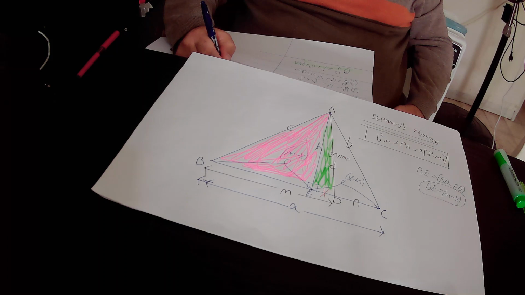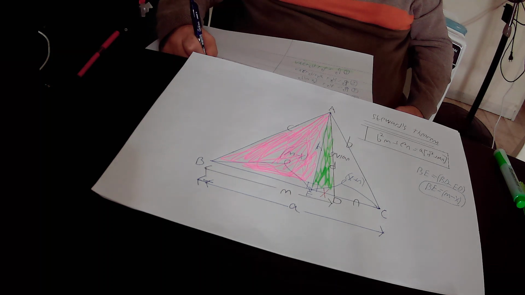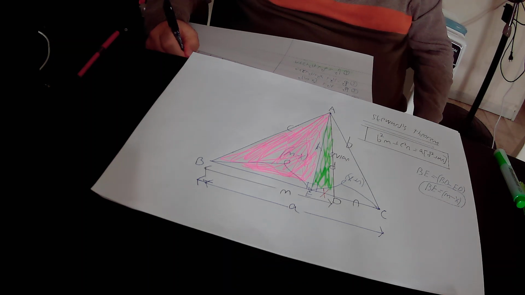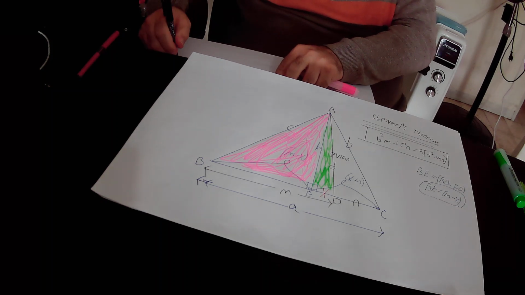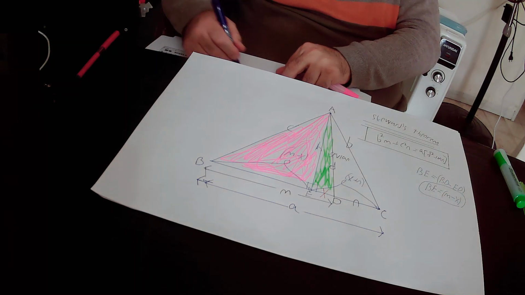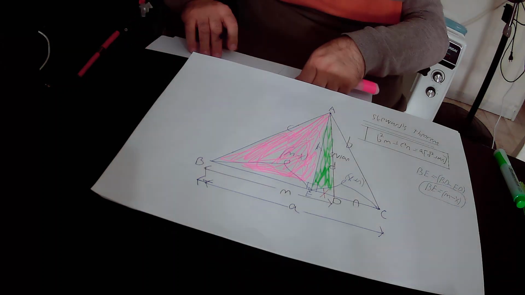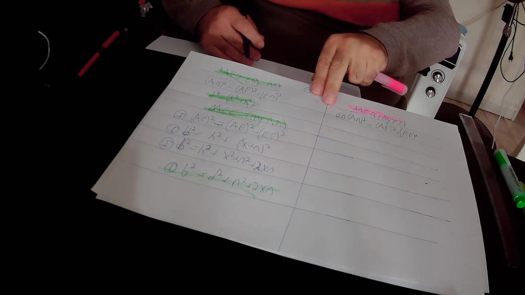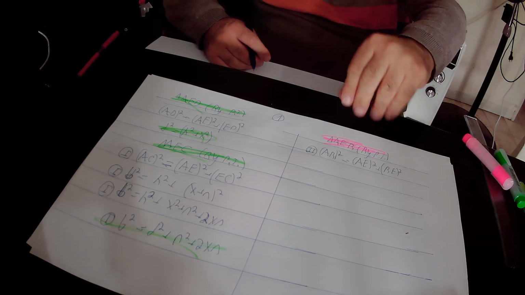And it must be equal to the sum of the squares of the perpendiculars. That is to say, it must be equal to AE square plus BE square. I repeat again, in the right pink triangle AEB, according to the Pythagoras theorem, AB square equals AE square plus BE square. This is equation number 2.